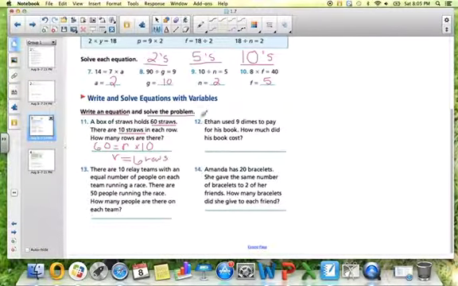Okay. Number 12. Ethan used 9 dimes to pay for his book. How much did his book cost? All right, so we know that a dime is 10 cents, and he used 9 of those dimes. So 9 times 10 equals, how much did his book cost?